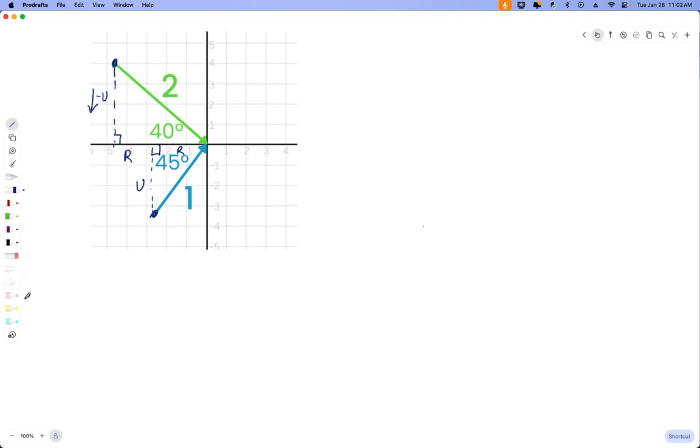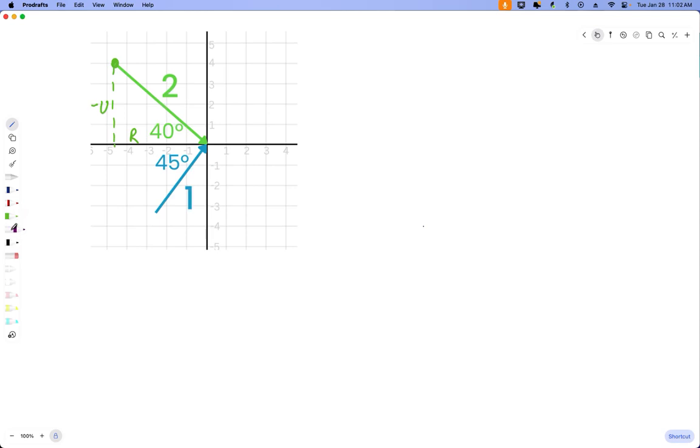Actually, let me use the same color. That'll help a little bit. So this started here, and it's going this way. So to the right is going to be a positive number. But it's going down and to the right, so that's a negative number.